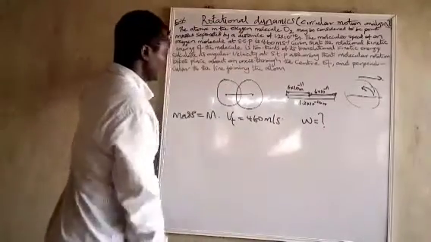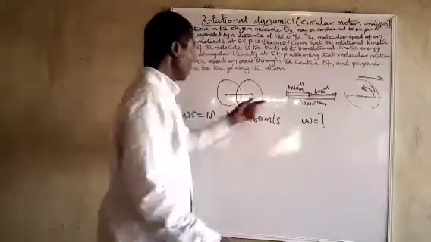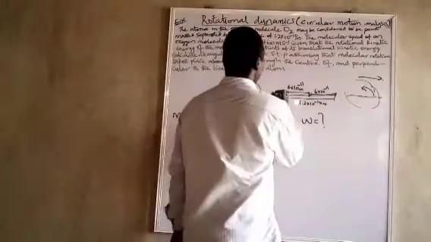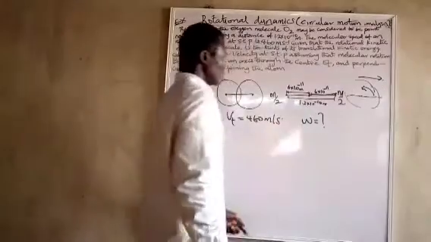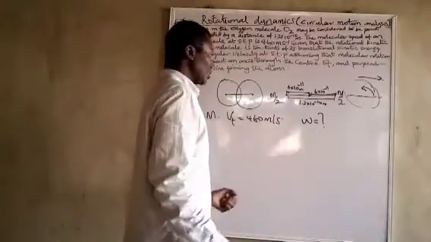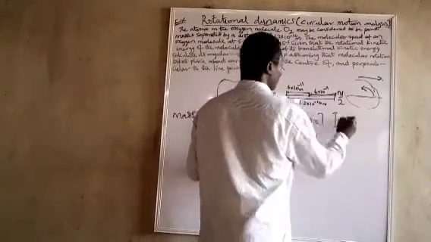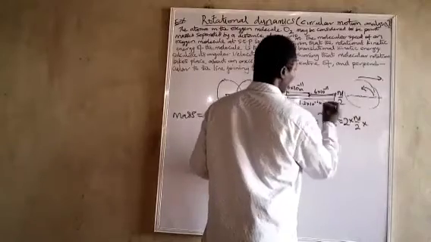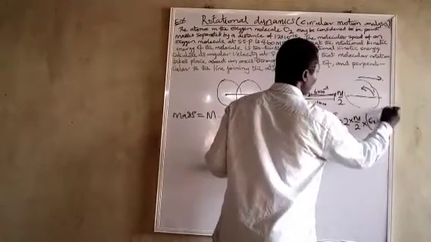We don't know that. But we know that the mass here is m/2 and the mass here is m/2. So to calculate the moment of inertia for this, we can say I will be equal to 2 times m/2 times 6 times 10 raised to the power minus 11 all squared.